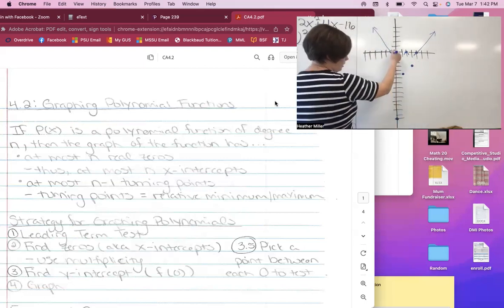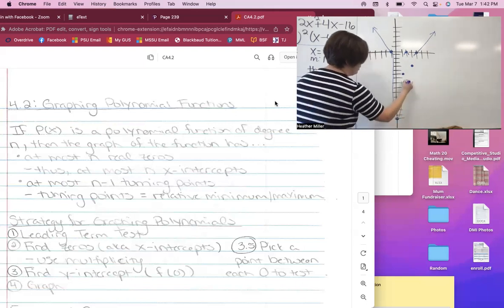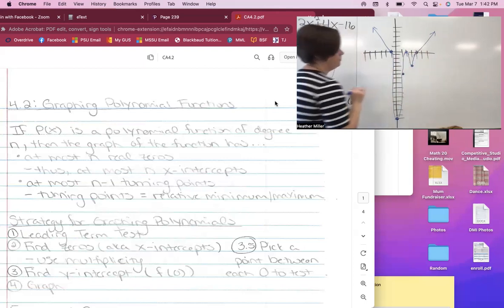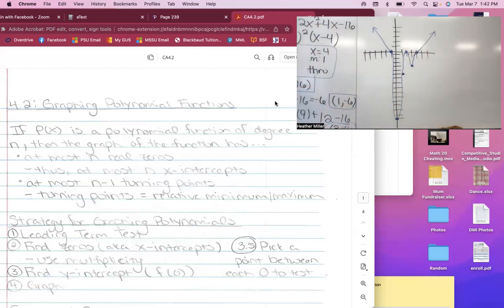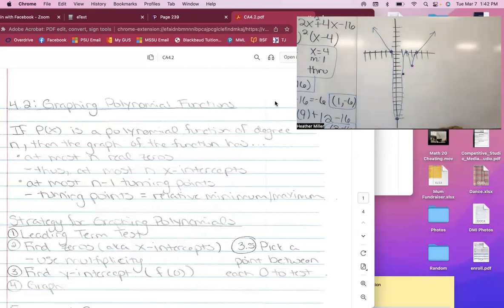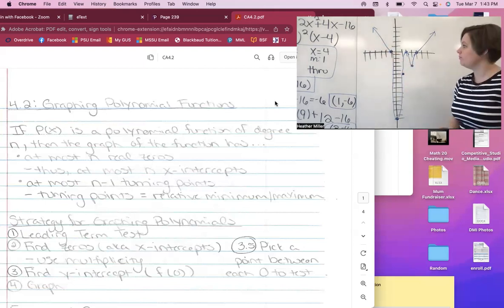So now I know that I need to go all the way down here to go through my y-intercept, come back up, hit this point. I'm going to bounce up that 0, come down and go. And there is a super weird, wonky looking graph, but it is a pretty good little graph to help describe what this polynomial is doing.